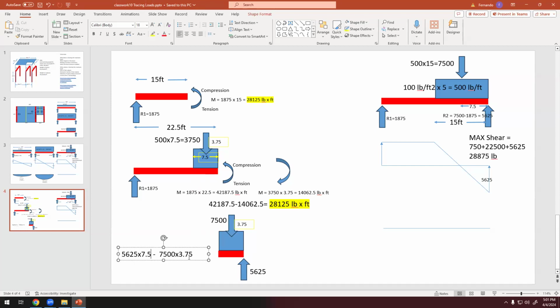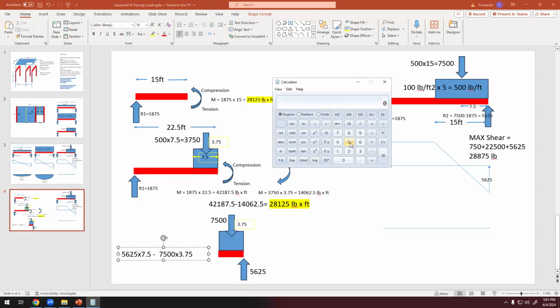And let's see what I get. So this is 5625 times 7.5 minus 7,500 times 3.75. I do this. And now I get, what the hell?